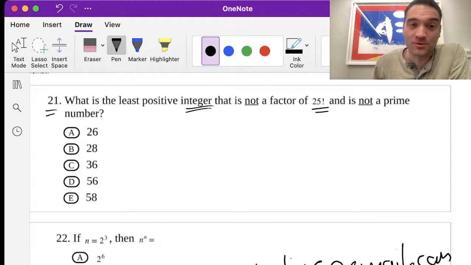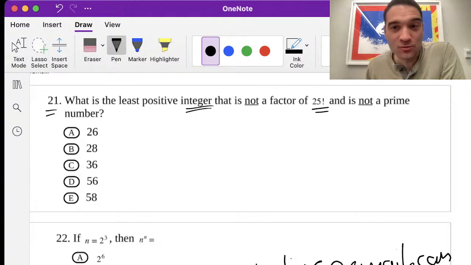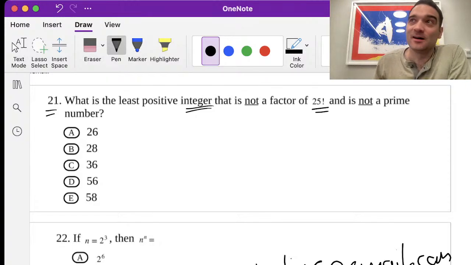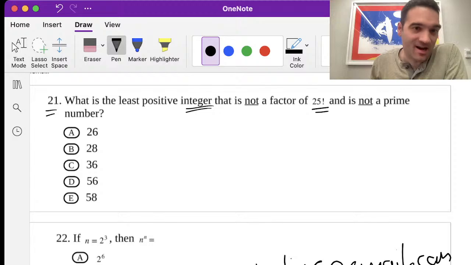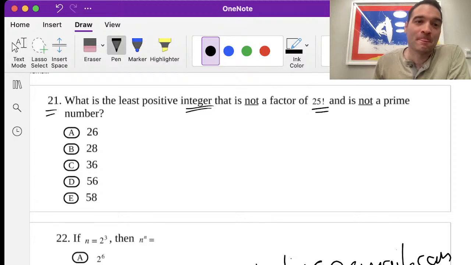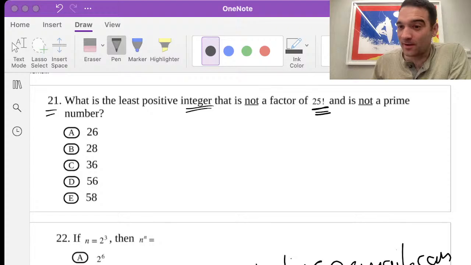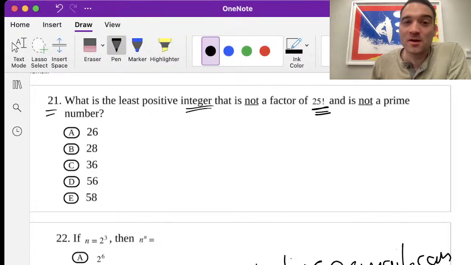An integer, of course, is a whole number. So 1, 2, 5, a billion. 3.7 is not an integer, right? We want an integer that is not a factor of 25 factorial. So let's talk about this. The factorial symbol, this exclamation point, is telling us to multiply every number from 25 down to 1.